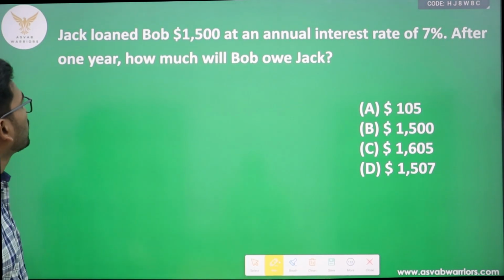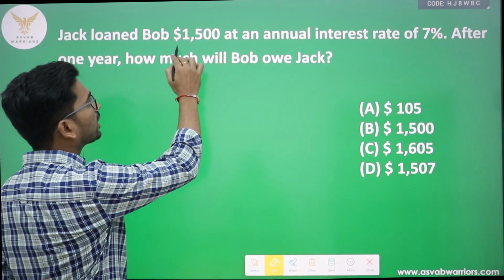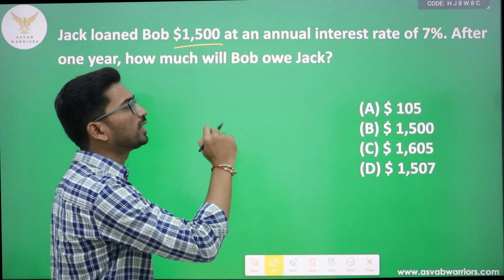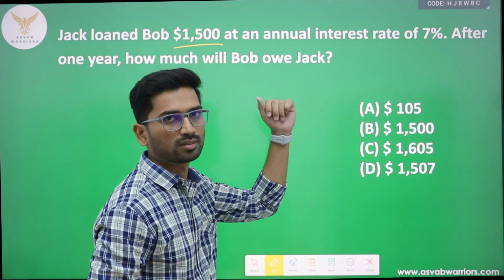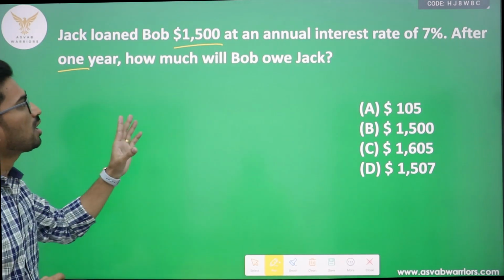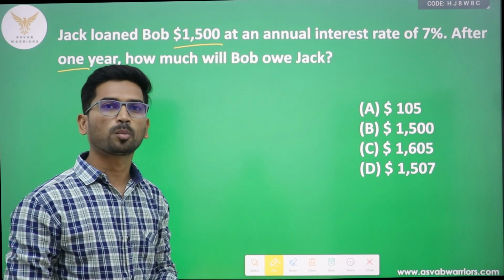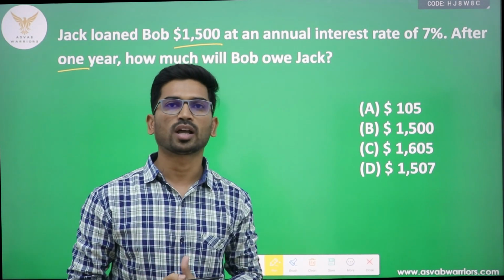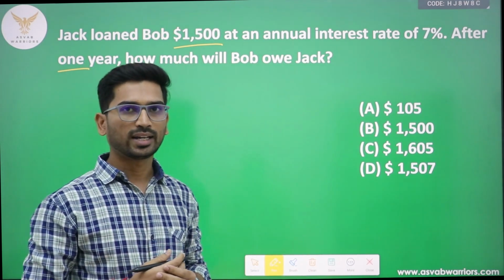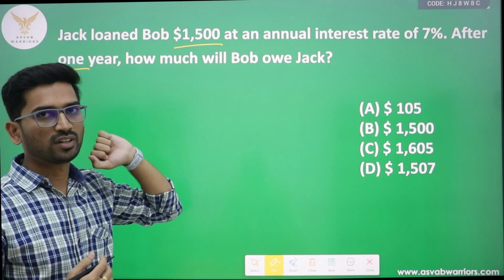Now the second question is, Jack loaned Bob $1,500 at an annual interest rate of 7%. After 1 year, how much will Bob owe Jack? This is a question from the topic simple interest. We need to calculate the simple interest if Jack has loaned Bob $1,500.